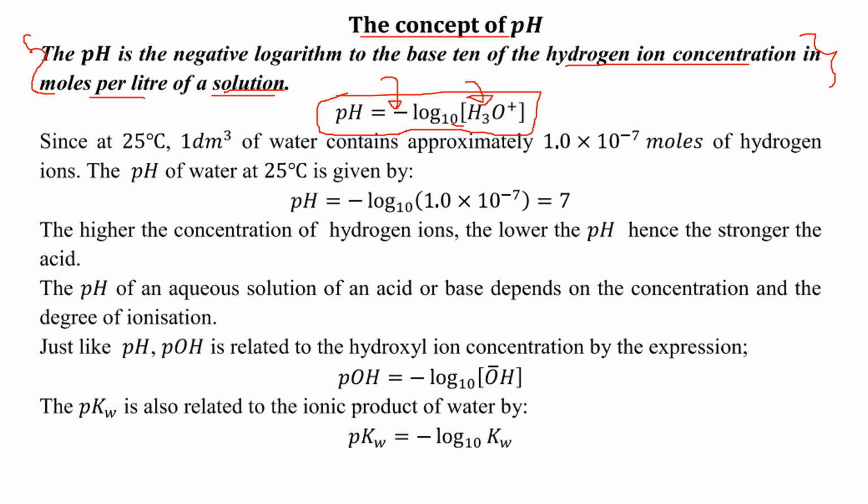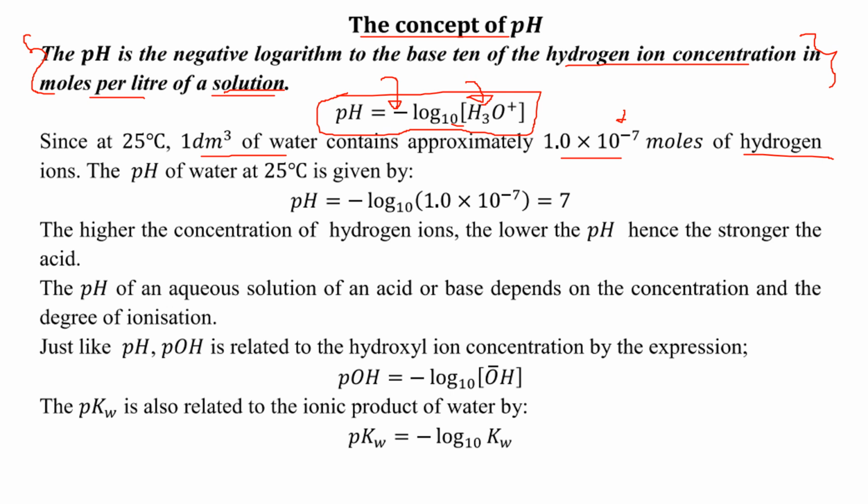Now since at room temperature, 1 decimeter cubed of water contains approximately 1.0 × 10^-7 moles of both hydrogen and hydroxyl ions, here we are only considering hydrogen ions. Remember that the concentration of hydrogen ions is the same as hydroxyl ions. That's why they are all 1.0 × 10^-7.